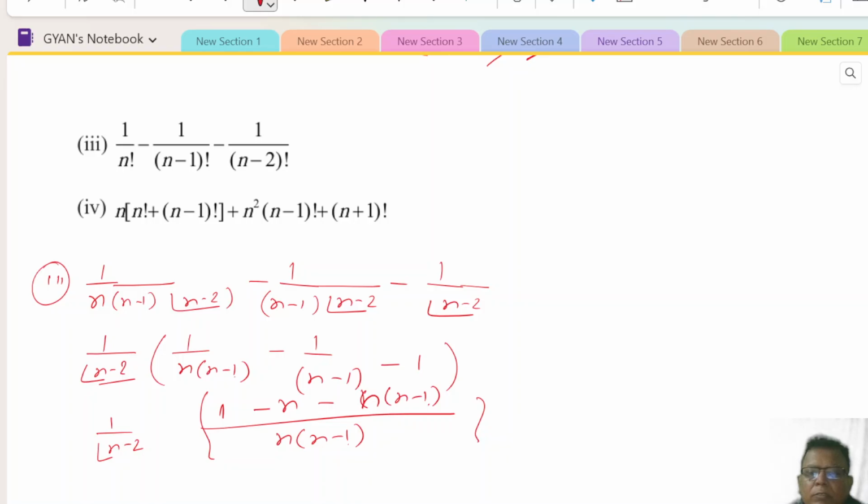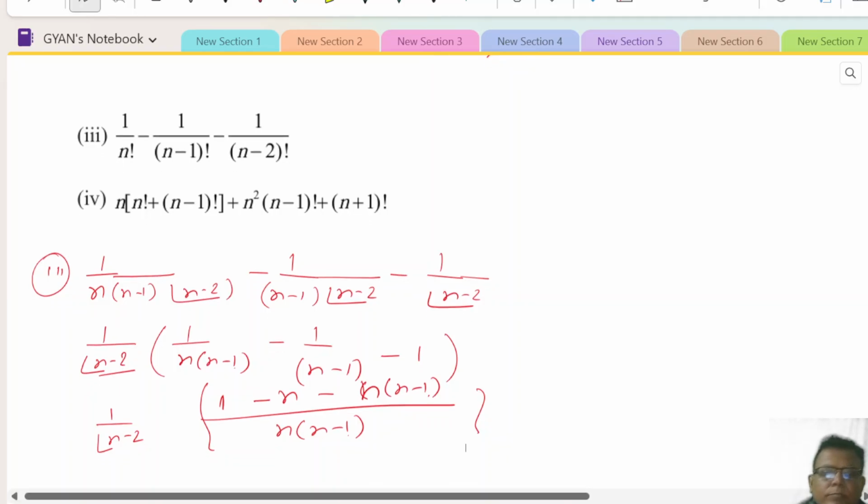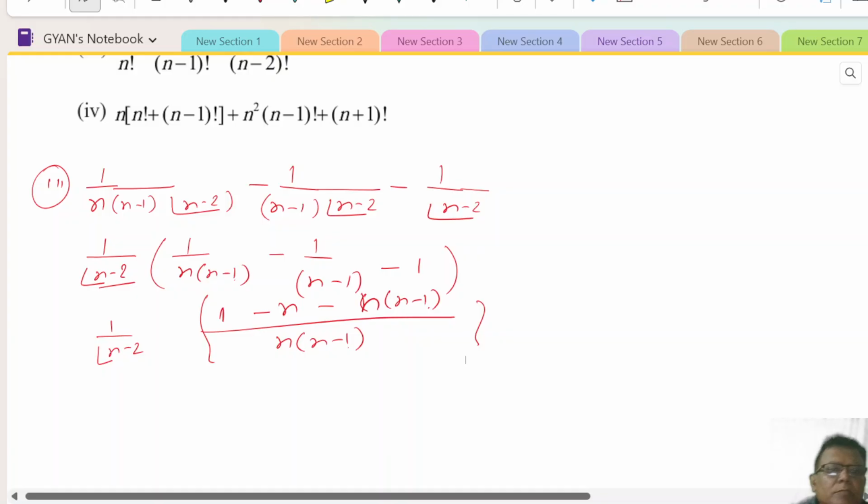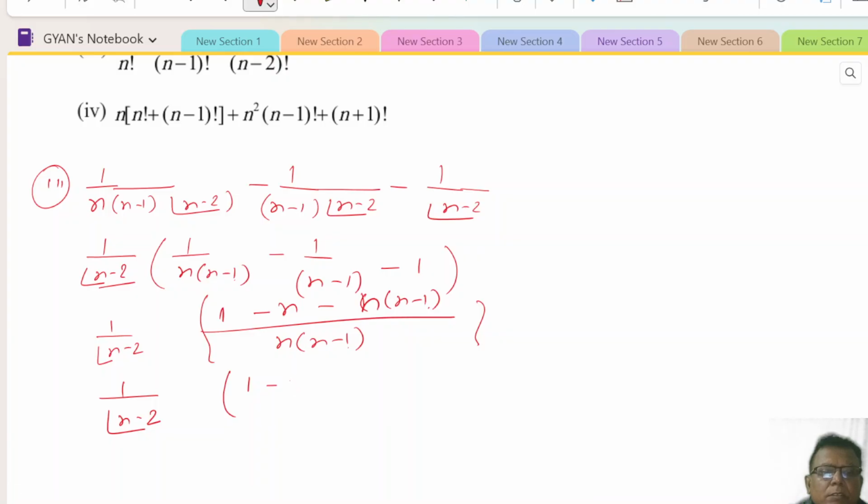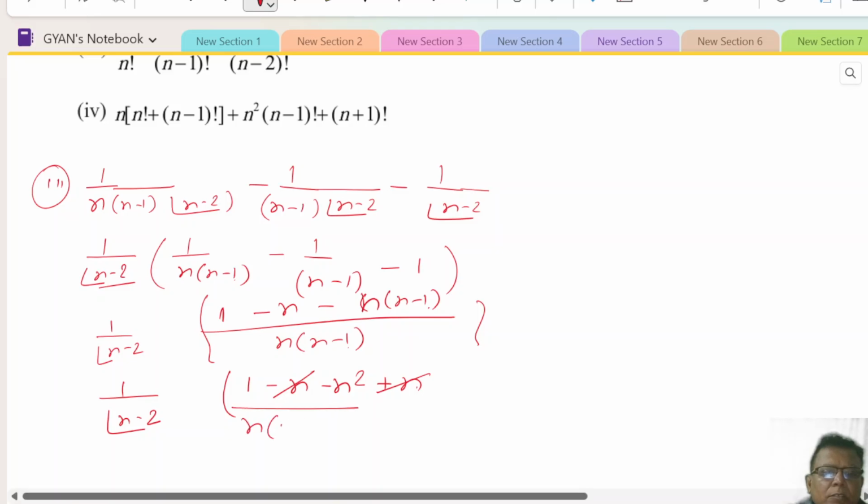So that is equal to 1 by factorial n minus 2 into 1 minus n minus n square plus n. So this gets cancelled, divided by n into n minus 1.